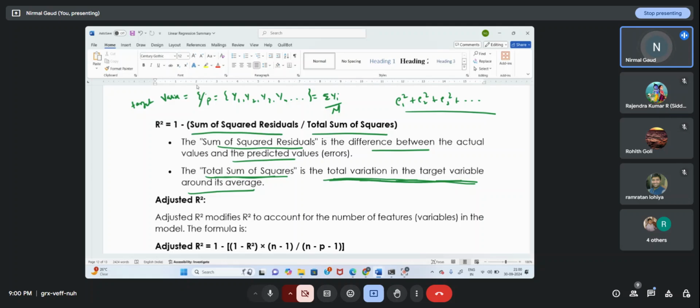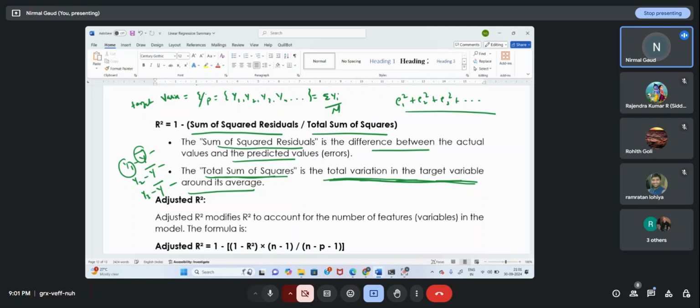Variation in the target means y1 minus y bar, y2 minus y bar, y3 minus y bar. This is the variance now. Point minus mean is the variation.